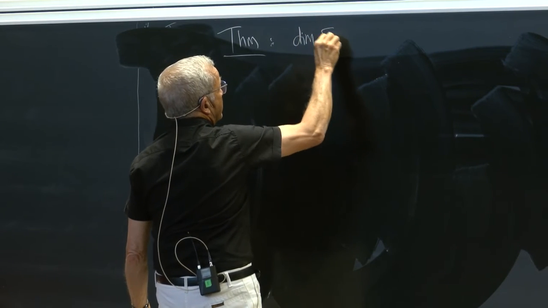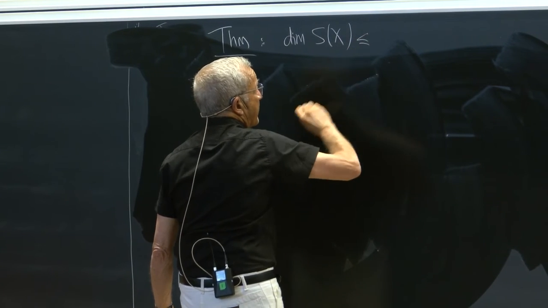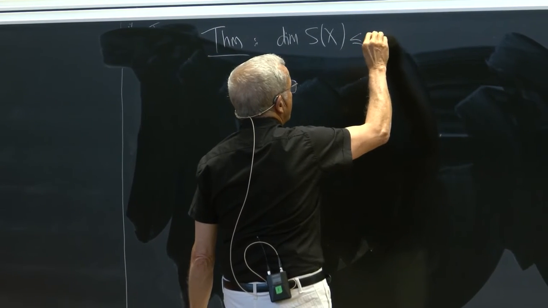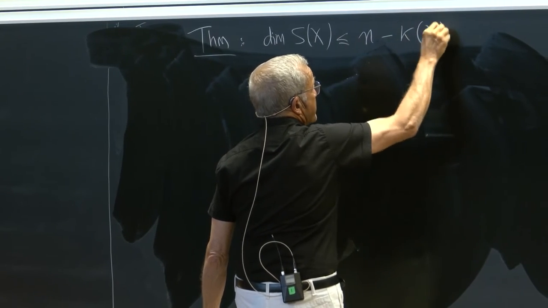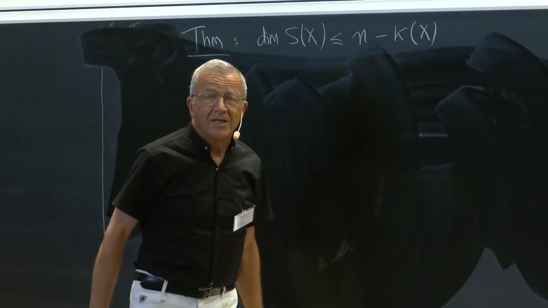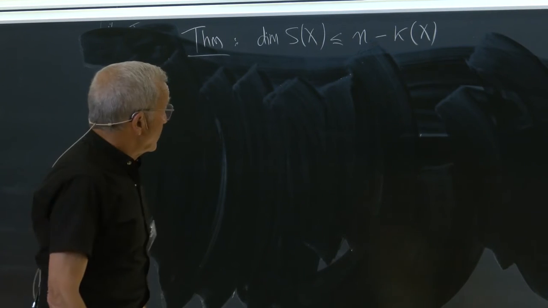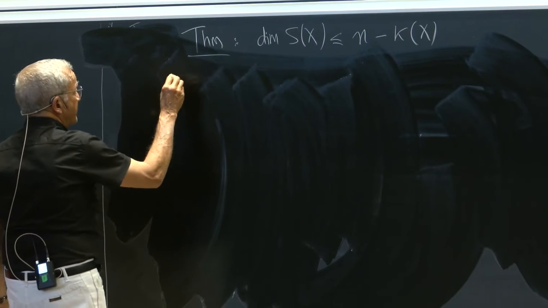The dimension of S of X is bounded by the dimension of X, which I call n, minus the Kähler dimension of X. So it's bounded by the Kähler codimension of X. And moreover, we know exactly the case of equality.